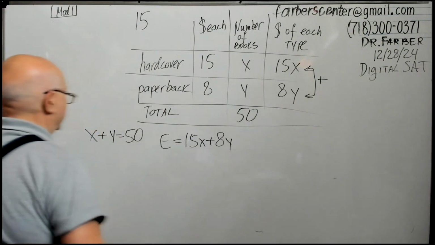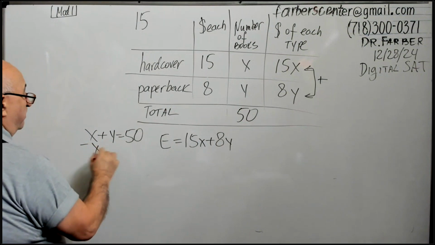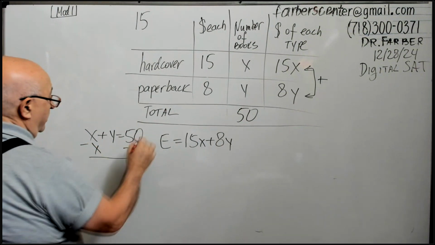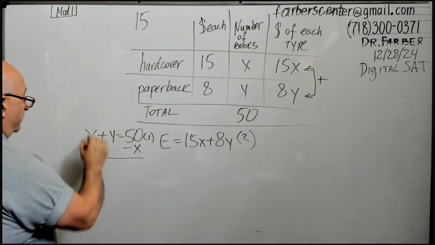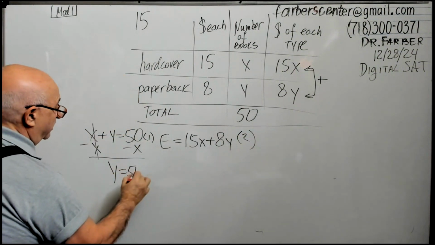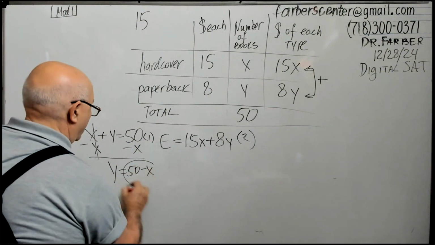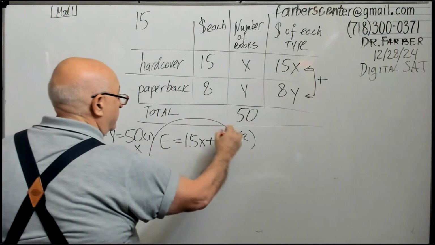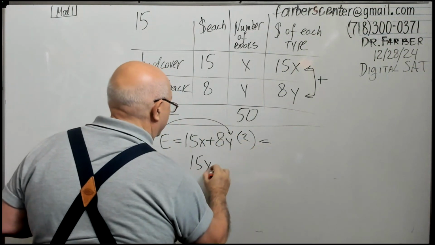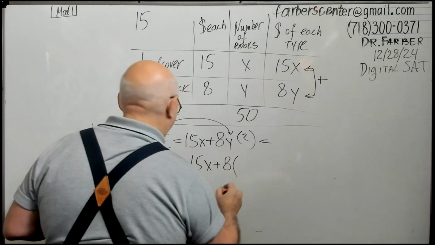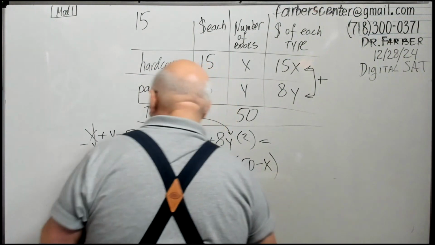And since the answer is in terms of X, I represent y in terms of X. Equation 1, equation 2, and I get y equals 50 minus x. I take this and plug it straight over there. It would be 15x plus 8 times 50 minus x, right?